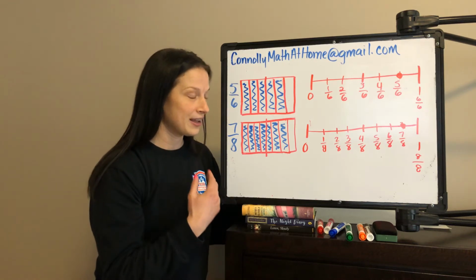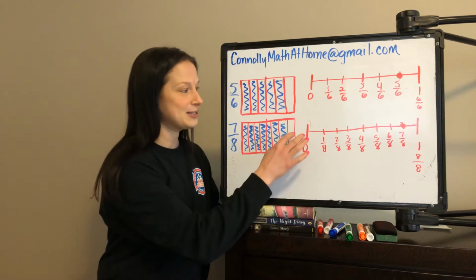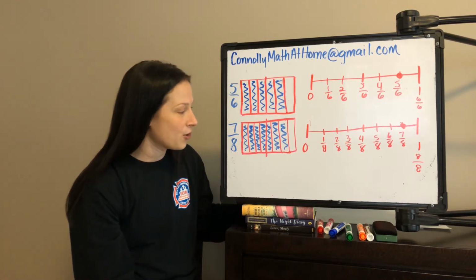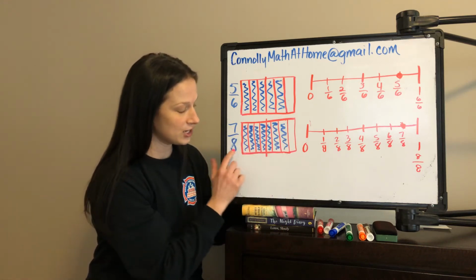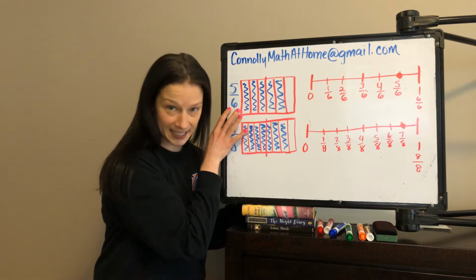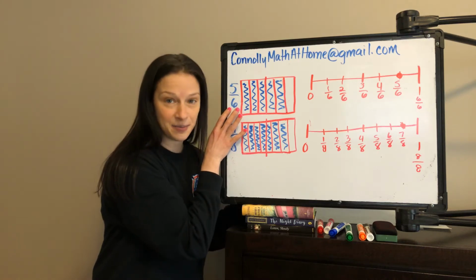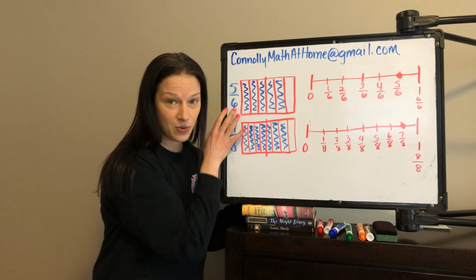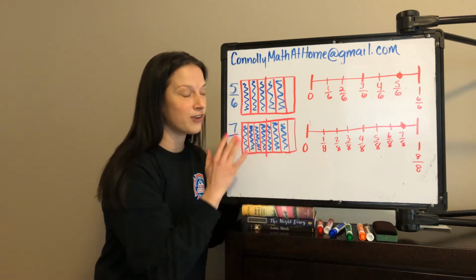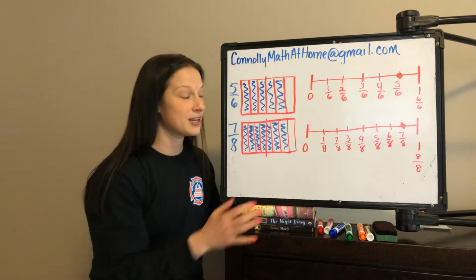So, what do we know about these pieces that are one piece from a whole? Well, I know that this representation has to deal with eighths, and this representation here is dealing with sixths. So I want to think to myself about the size of the pieces, okay? I'm going to come back to 5/6 and 7/8 at the end because they are so close.